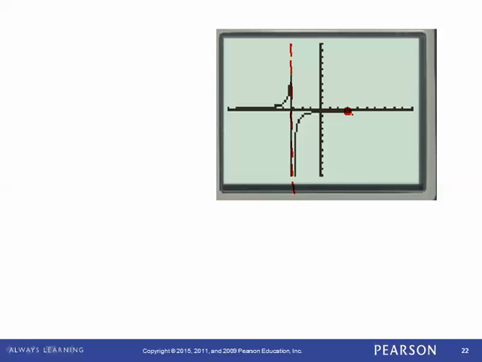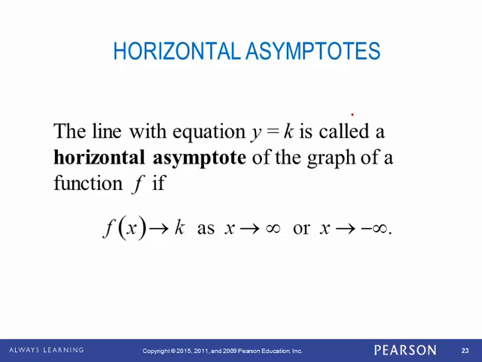Let's go on. Next is something called a horizontal asymptote. And these little things right here, let's talk about it here. It says f of x goes to k as x gets bigger or x gets smaller.